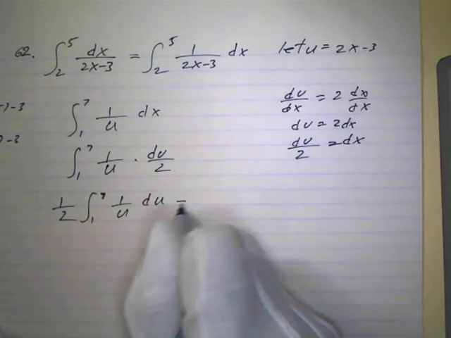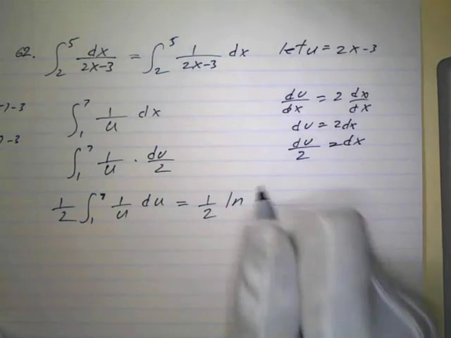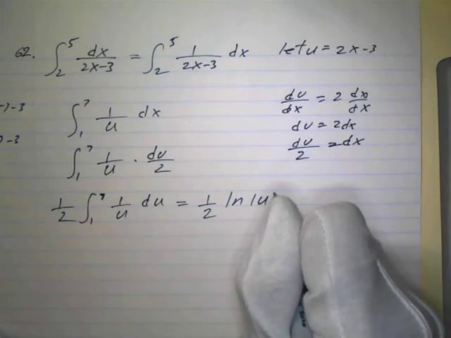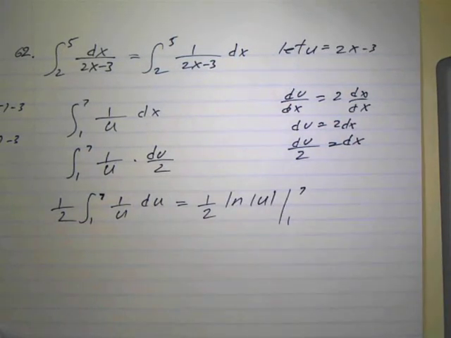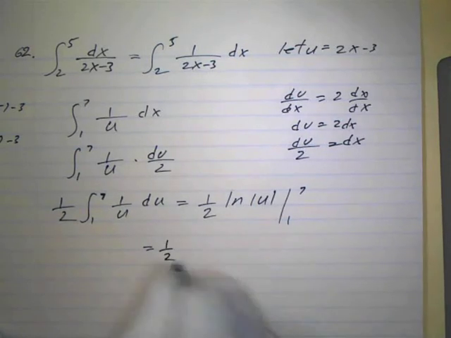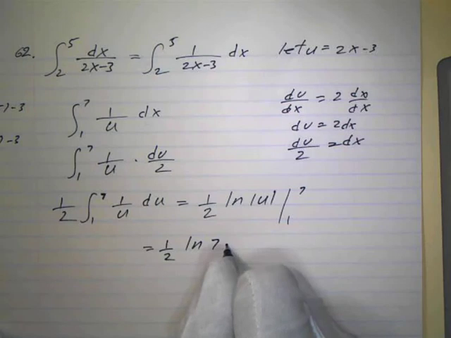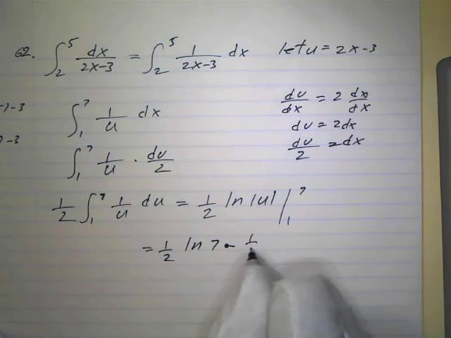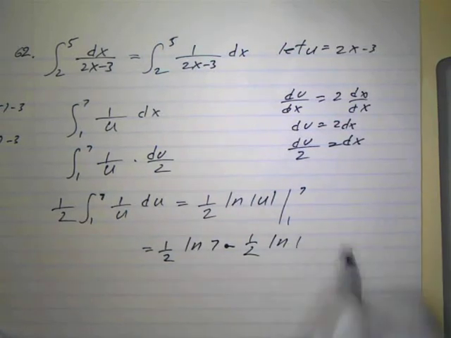So that's going to end up being equal to 1/2 the natural log. And it should be the absolute value of u, but we don't have to worry about that. But we can write it down anyway, the absolute value of u from 1 to 7. That's going to equal 1/2 the natural log of 7 minus 1/2 the natural log of 1.